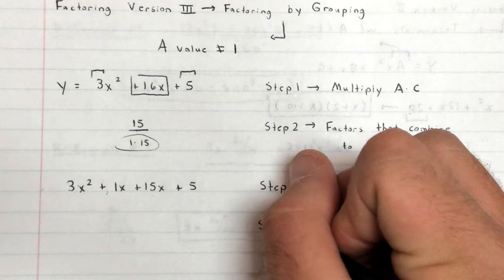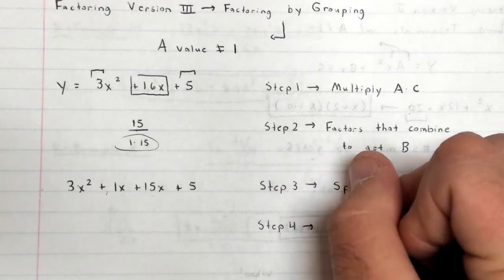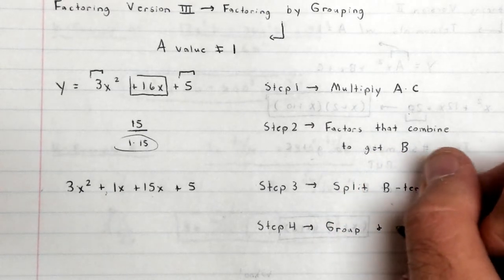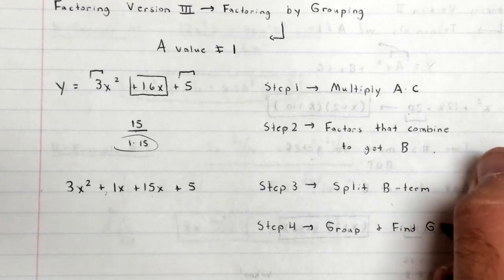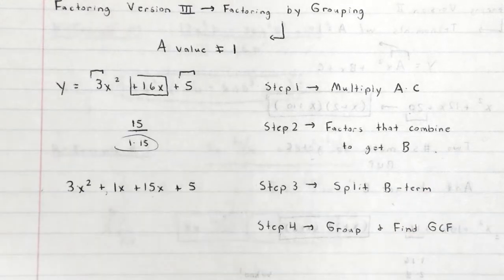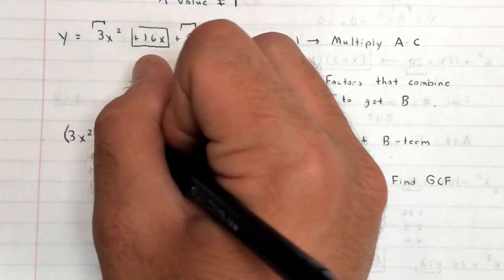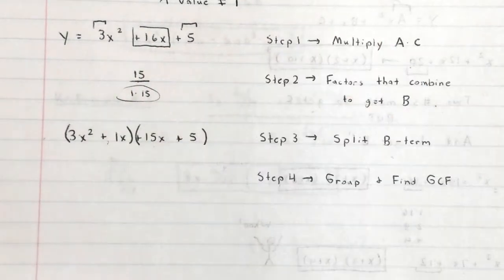Step 4 is I'm going to group and find a GCF. I'm going to put the first part in parentheses and the second part in parentheses.